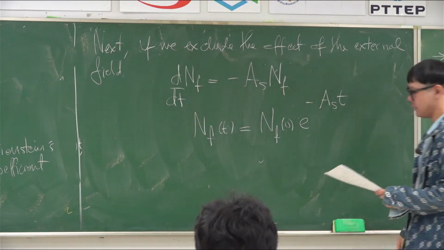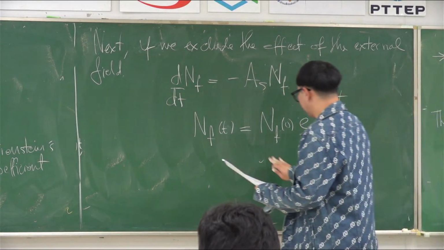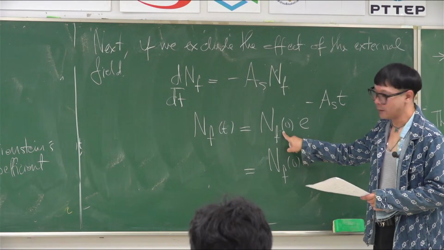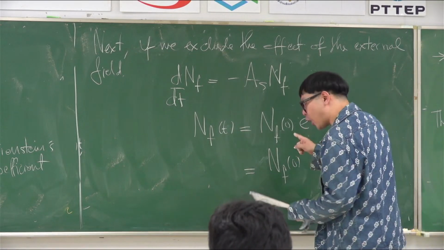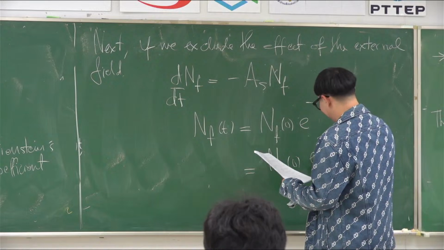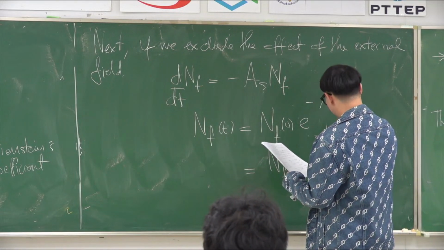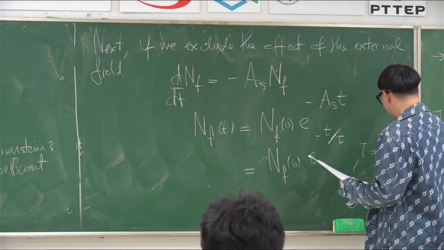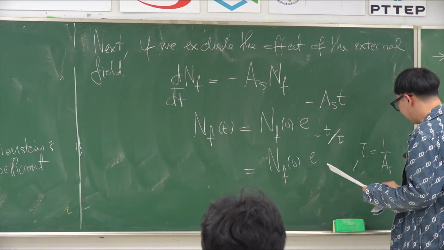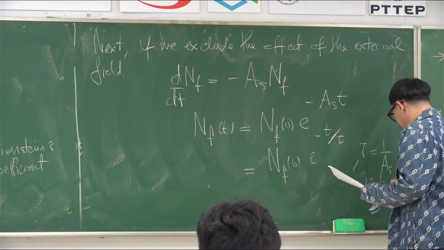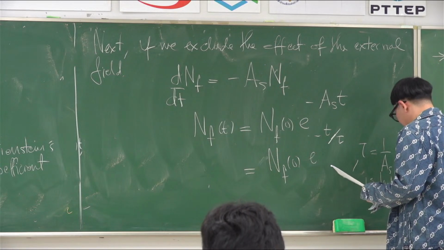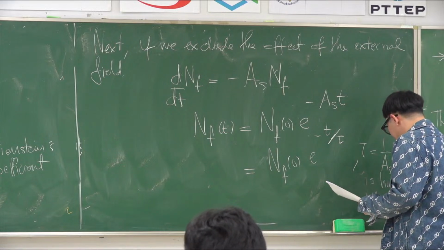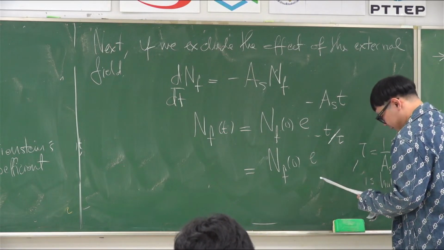Yes, and then you can say that, okay, this is a constant of integration. Sorry. This is tau. So here, tau, you can say that tau is the half-life of the state. Okay.